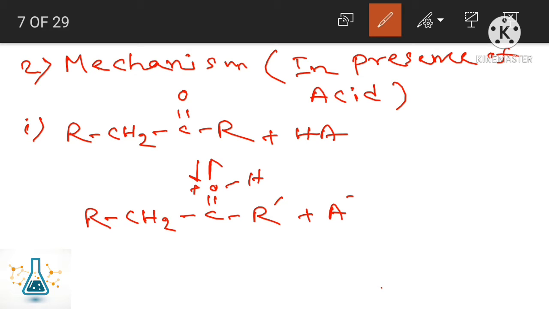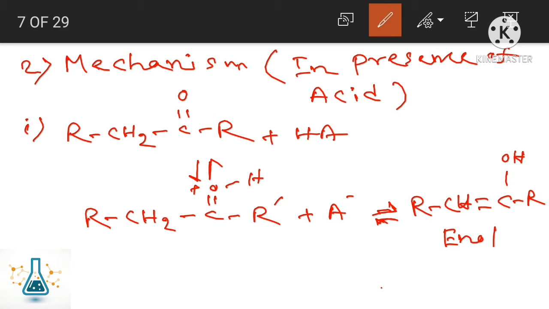So it will be enolized like this, and this is called enol.